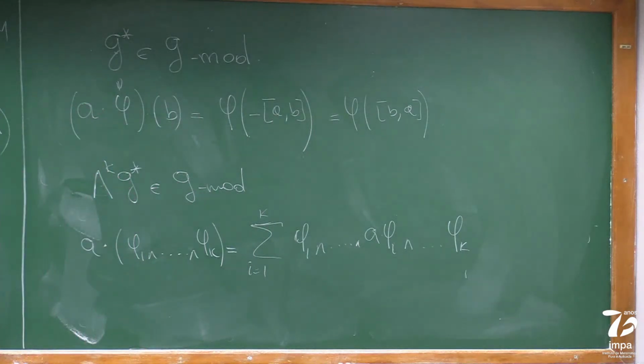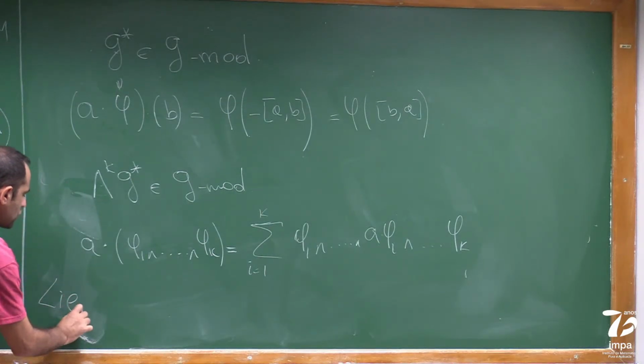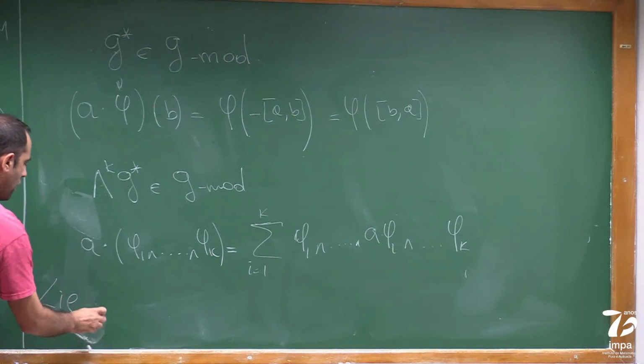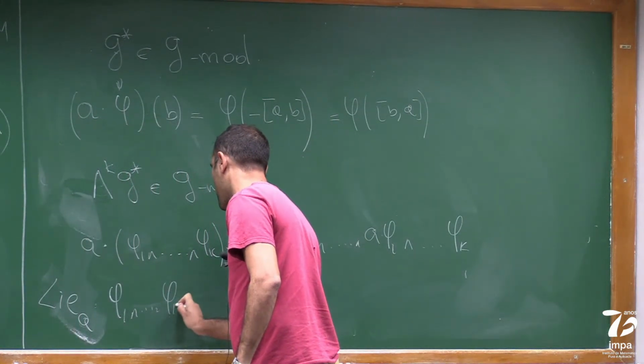So this means that G acts on C^K. Let me put a different name for that action. Instead of saying A acting on phi with a dot, I'm going to say the Lie action of A on phi 1 wedge ... wedge phi k.